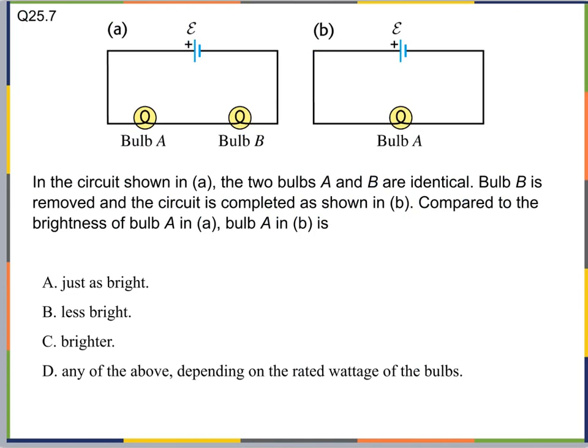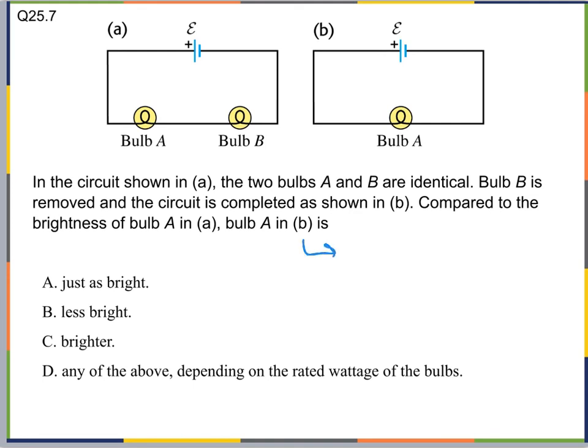So here's a question for you to think about, and I'm going to leave this to you. They want to know, in these two circuits with identical bulbs, if you have two light bulbs in the circuit, and then you take one out, how will the brightness in the bulbs compare?